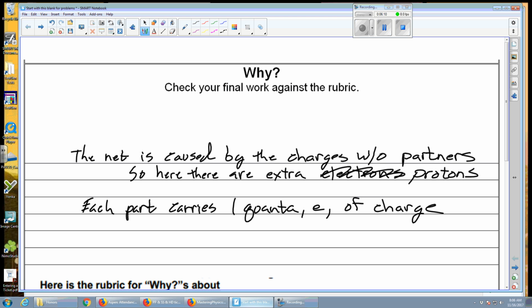And I could probably put a line in there that said the mass is due to all of the particles. That might actually be good to have in there. Seems silly, but the mass is caused by all the particles.